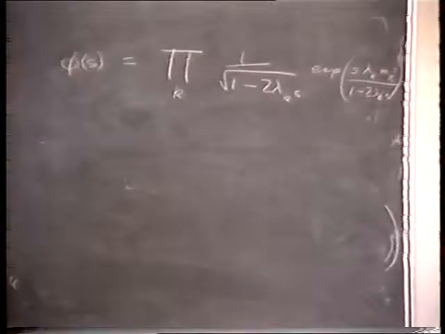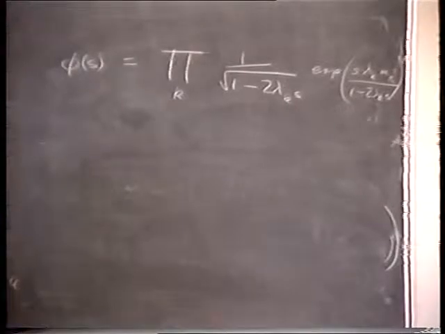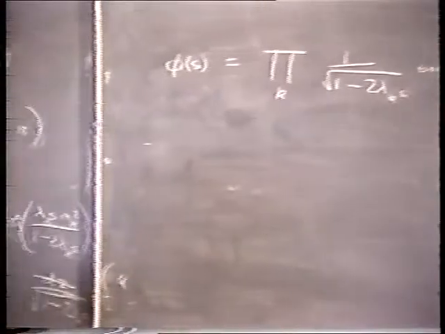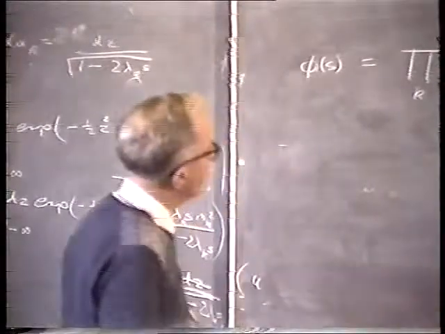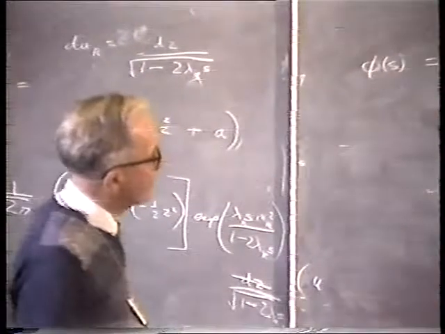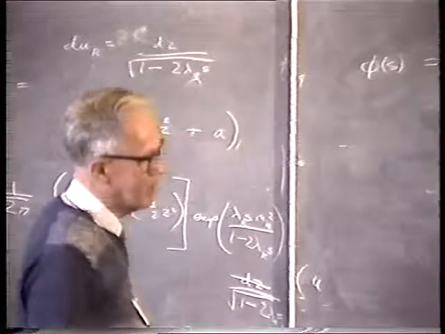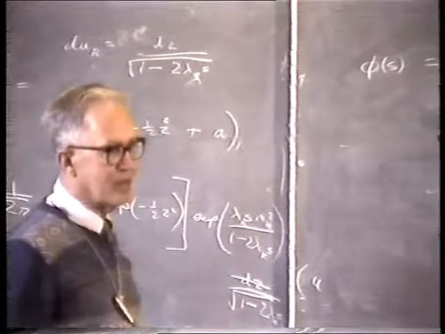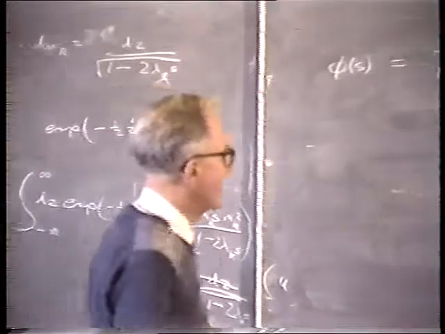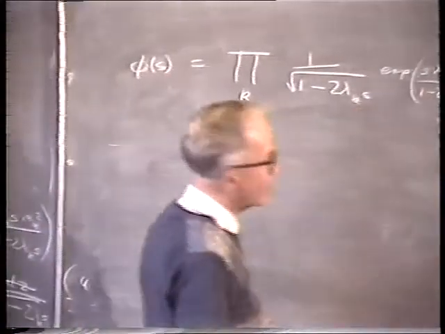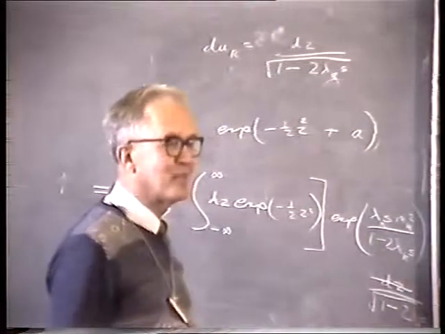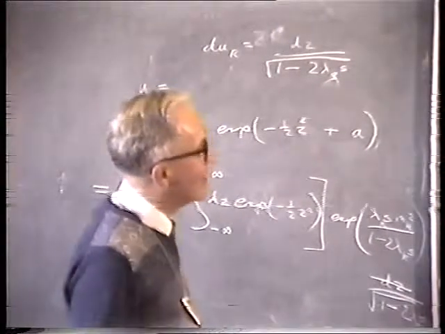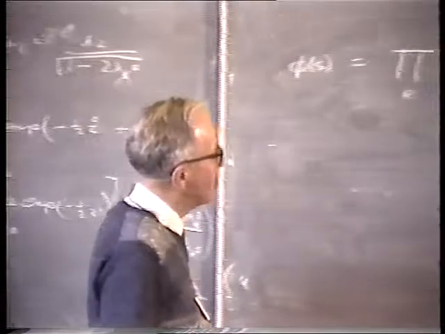If we're only interested in the problem that we started with, that is looking at the probability that the quadratic form is less than or equal to 0, then all we need to do is to sort out the imaginary part of this. Now, I'm not going to go into that degree of detail. If you don't like the kind of algebra involved, you can get a computer to do it for you.